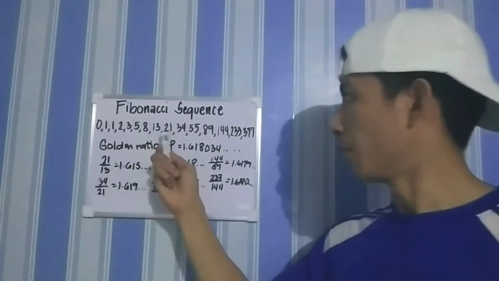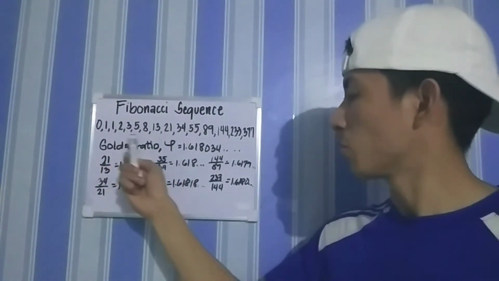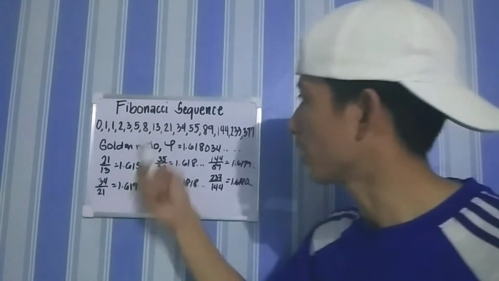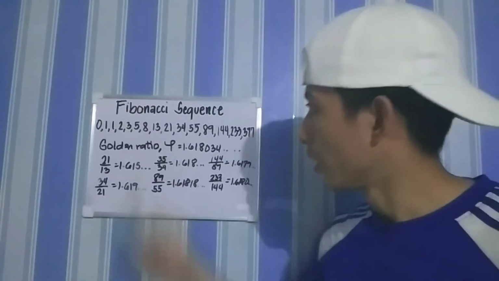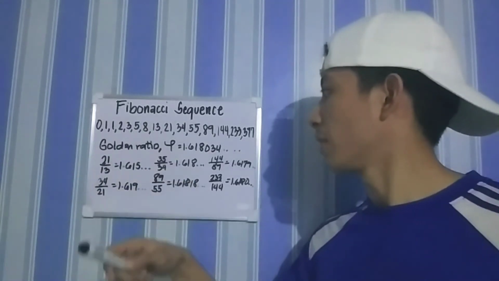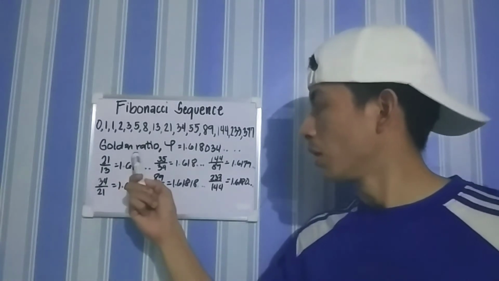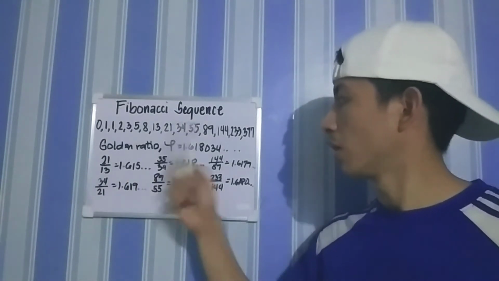Why did I start with this pair of numbers? The ratio will not work with the smaller numbers. So that's why I started with these two. As the terms progress, the ratio of successive terms approaches the value of our golden ratio.